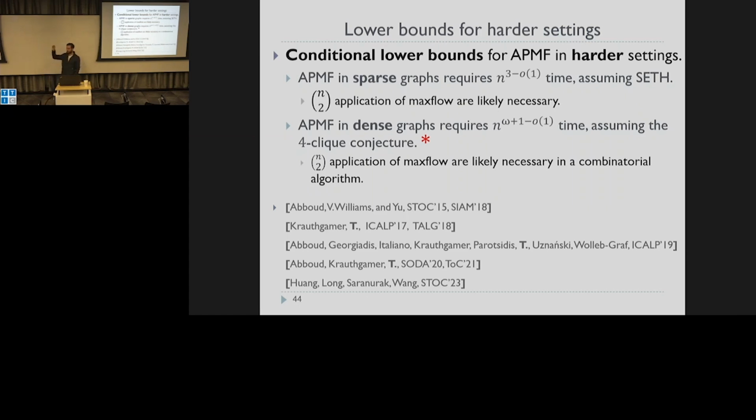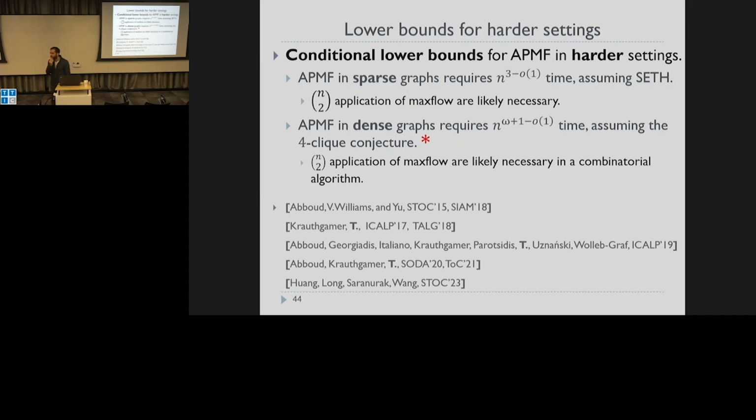With this reduction from SETH, from SAT, to solve all-pairs max flow you essentially have to just naively find all of the answers: just n² applications of maximum flow, which is n³ in sparse graphs. This is essentially the best possible, assuming SETH. Yes, you wanted to ask something?